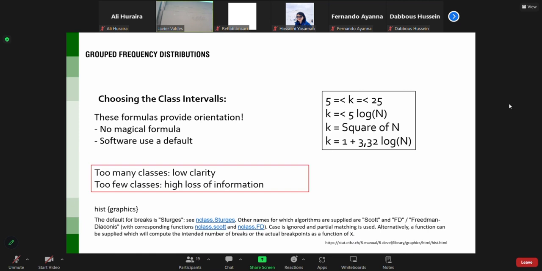If we look into the manual, for breaks we have Sturges, which is calculated based on n, plus Scott, and FD, Freedman-Diaconis, which are other formulas that you can also use independently.